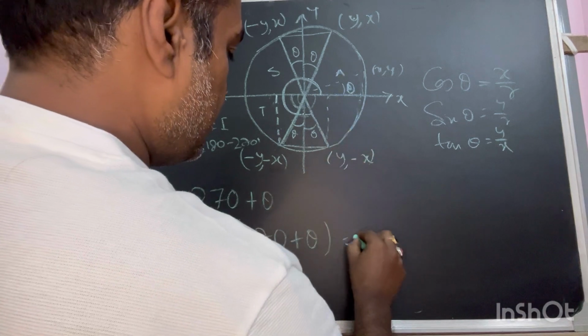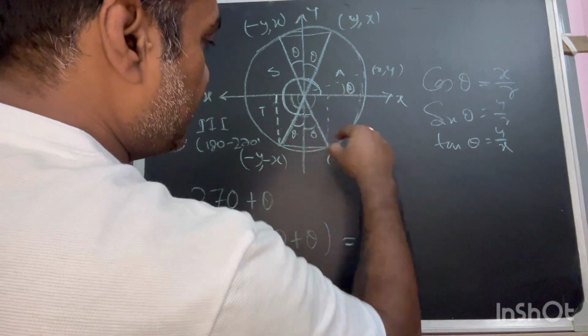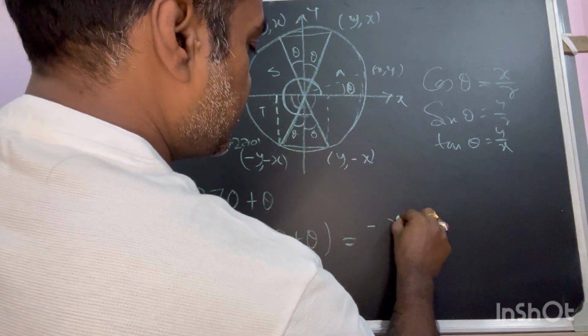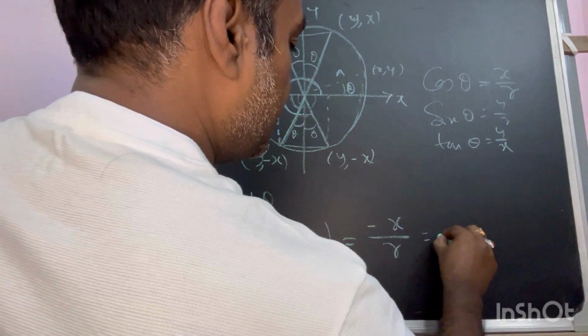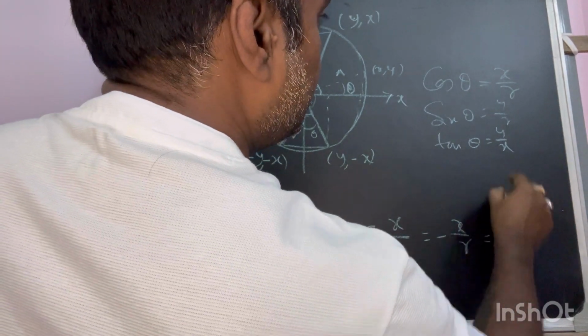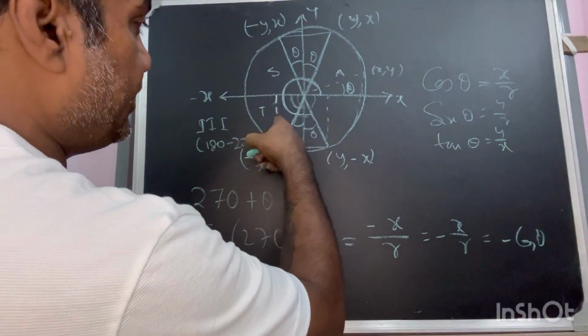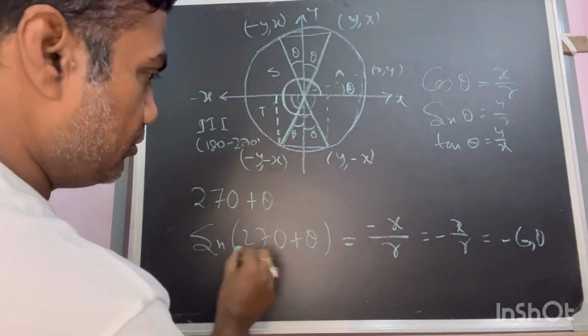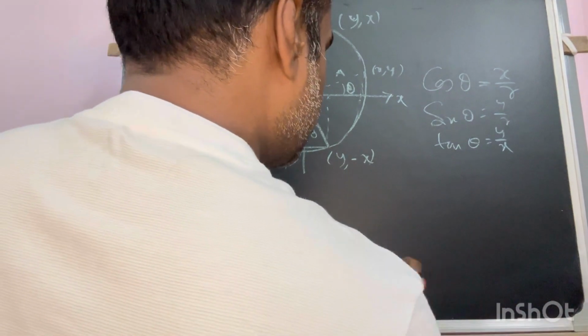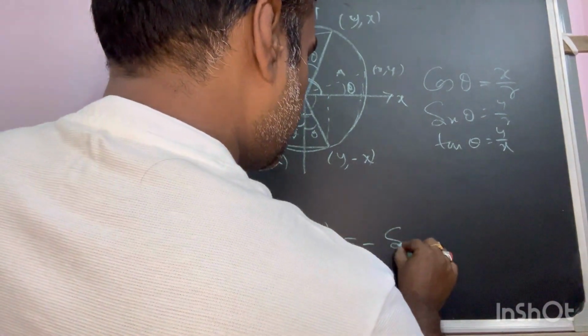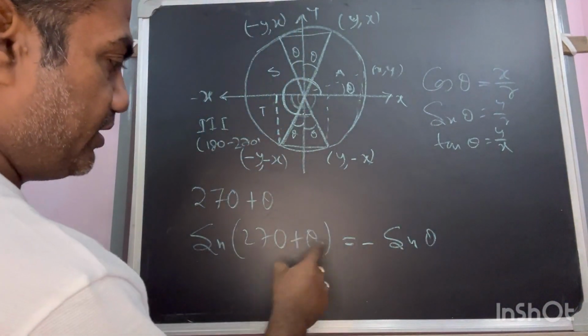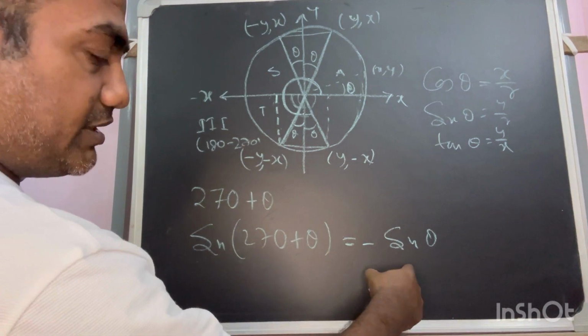So now sine is equal to this vertical, minus x by r, that is equal to minus cos theta. All sine, tan, cos. Here cos will be, so sine will be negative. So ultimately this will stand as minus sine theta. 270, 3 into 90 will change.